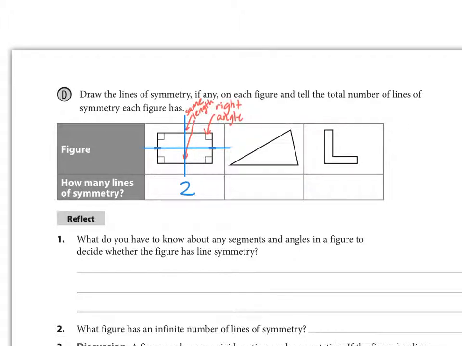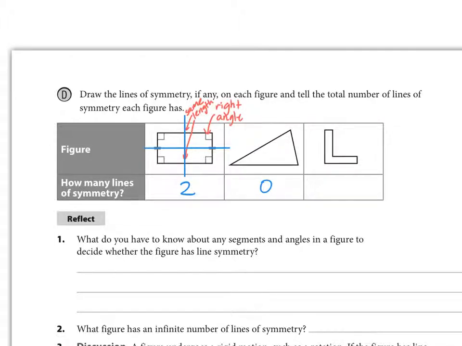The next two shapes are going to be one of the biggest challenges in geometry. There's no information given to us as to what's congruent, or what angles have the same measure, or what sides have the same length. So in the second one, there are no lines of symmetry. There's no way you can cut this in half.